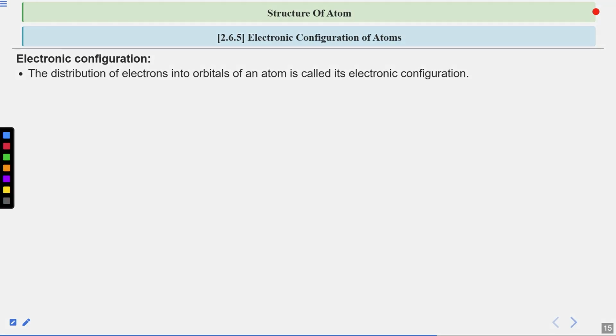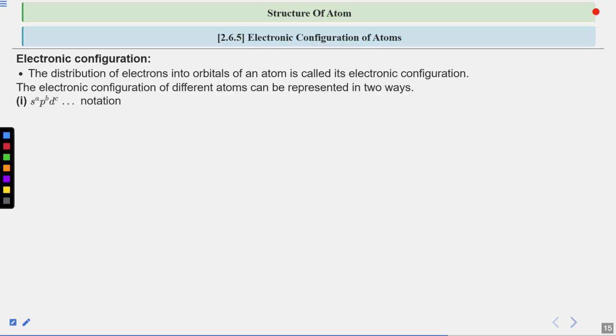So what is the configuration? If you take the word configuration itself, it is basically defining a structure. So you are trying to distribute the electrons according to the shell. Now it can be represented in two ways, very simple to understand.